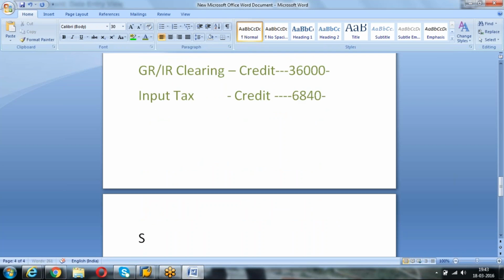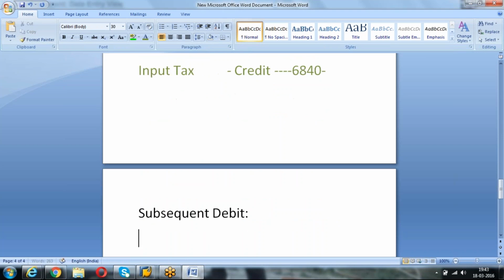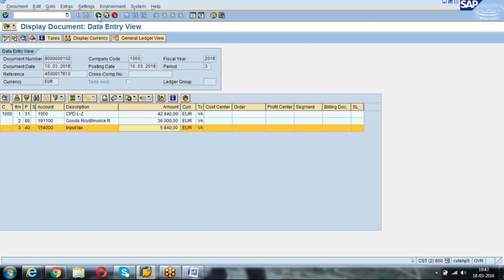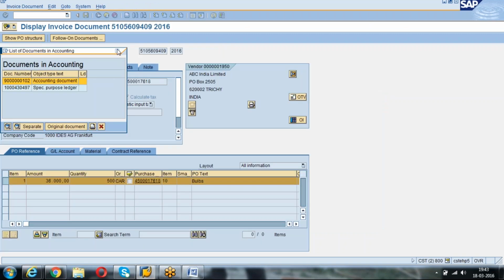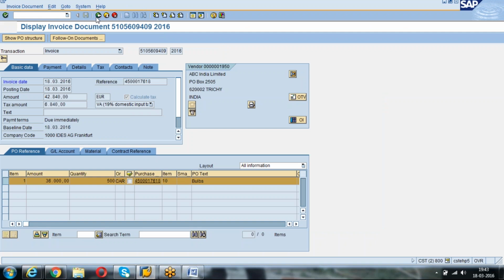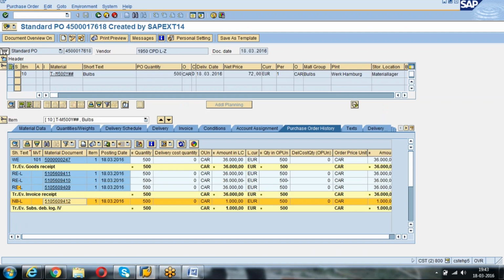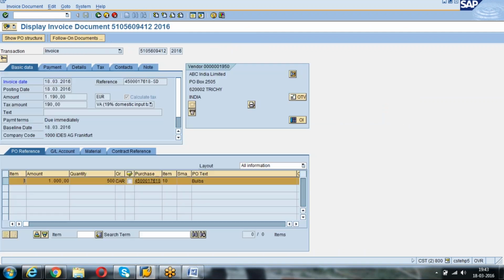Okay. Now coming to subsequent debit. How are the accounting entries there? Here the GRIR clearing account was already nullified, as we have done the invoice receipt again.